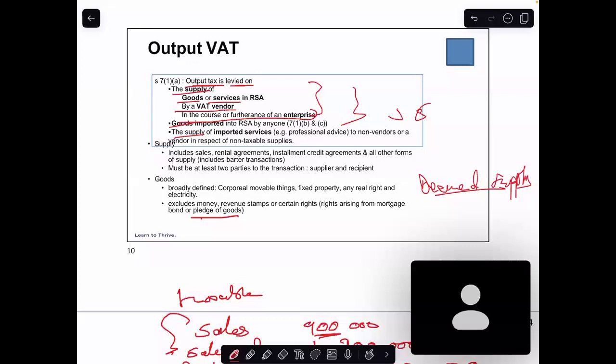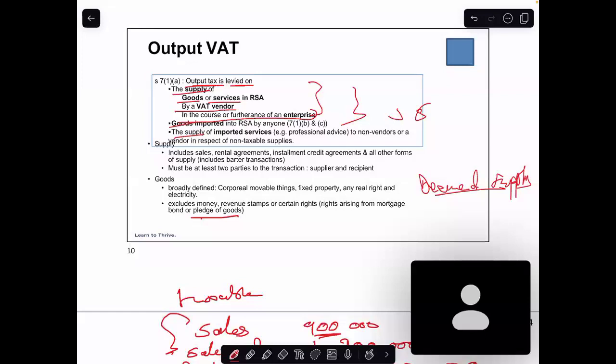Right, so I shared the textbook again. Right, if you go to page 1096 there, the subject is saying deemed supply. The heading is saying deemed what? Supply.